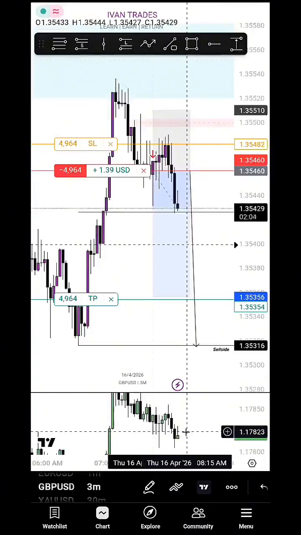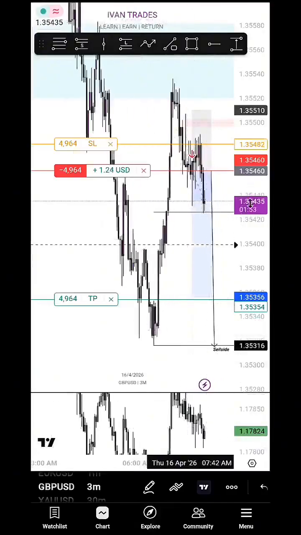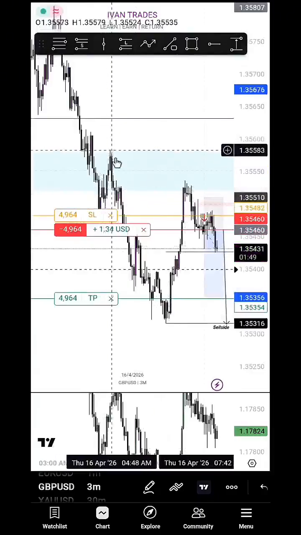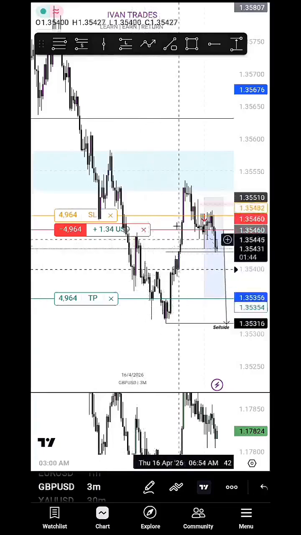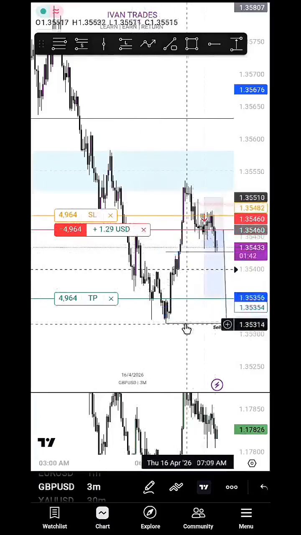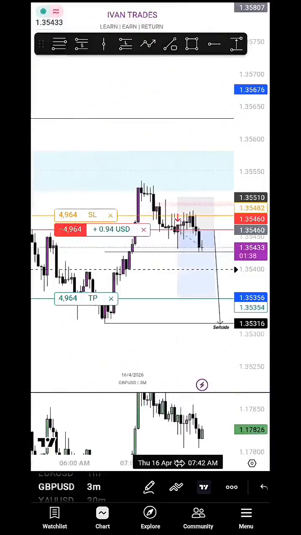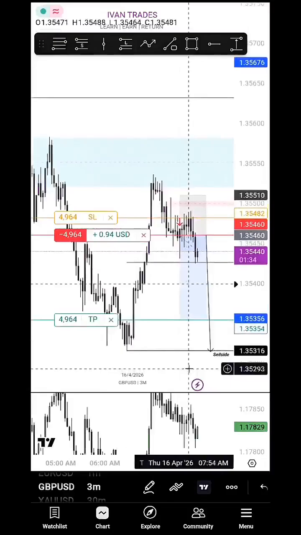If I was trading against the trend, I would most likely have exited the whole position once price touched here at the equilibrium, because most of the time I'm anticipating that I was trying to catch a retracement. Retracement means that I do not expect the price to reach the other side of the range.